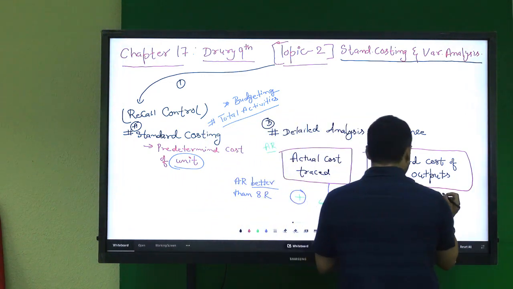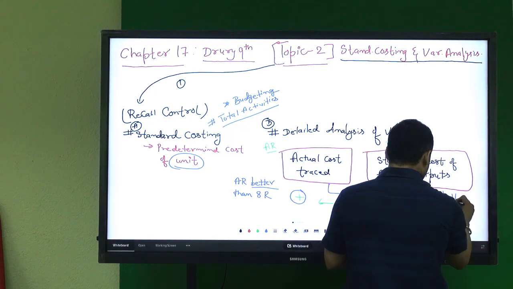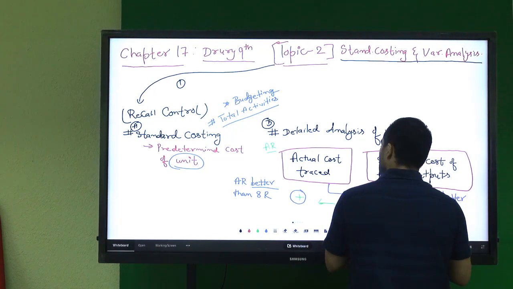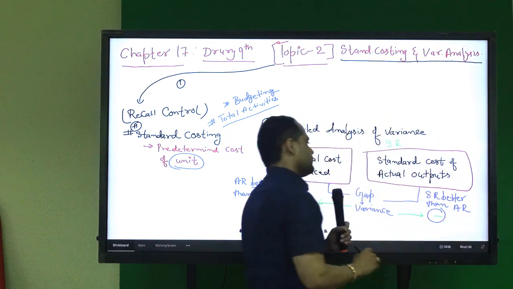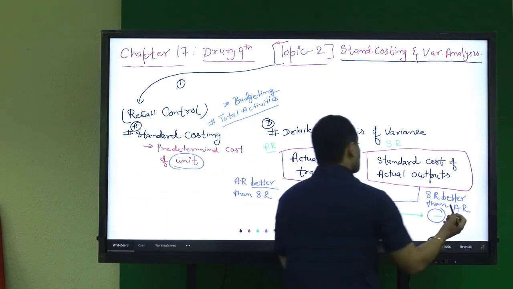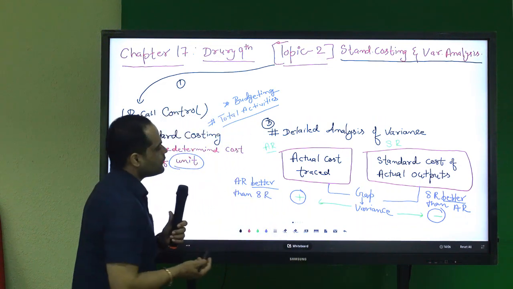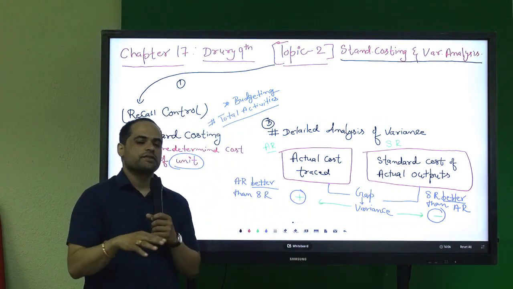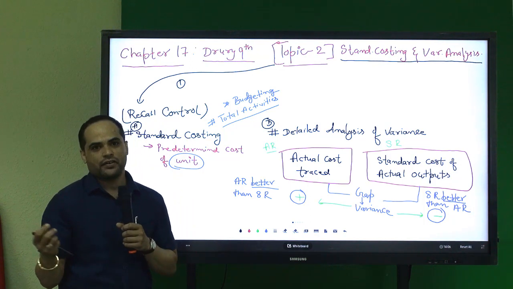Negative variance means the standard result is better than the actual result. Keep in mind: better, not higher. You will find out later the difference between better and higher.